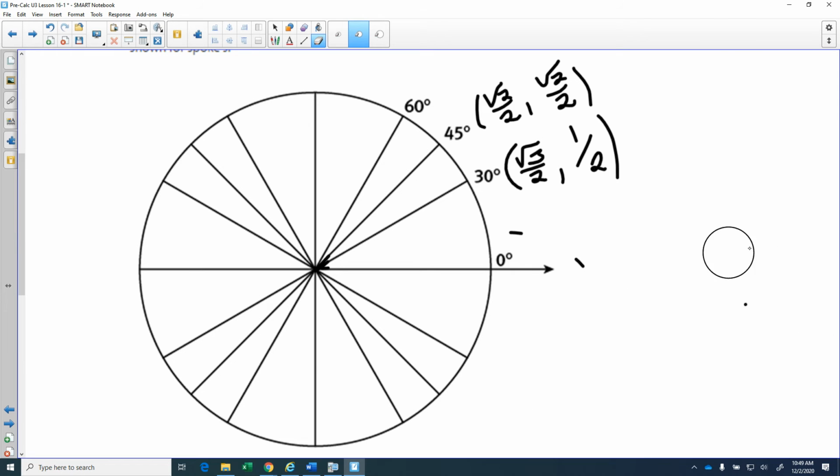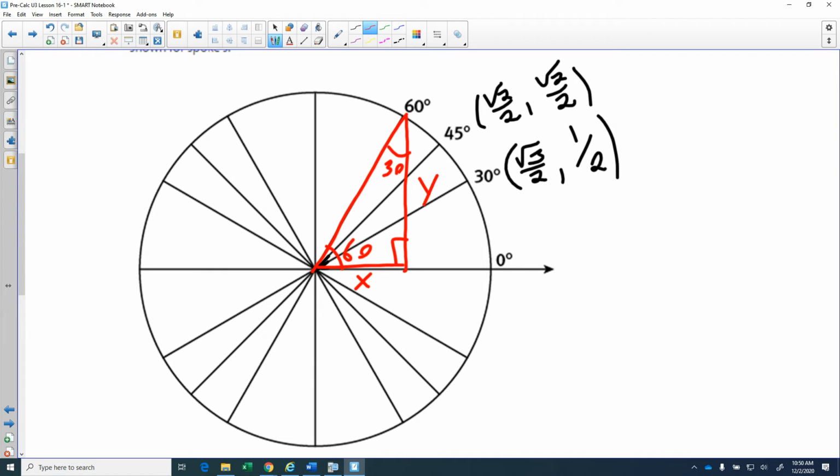If I were to draw this reference triangle into the actual circle itself, our hypotenuse, base and leg, in which we have a 60-degree angle, a right angle, and a 30-degree angle sitting right there. Well, we always talked about how the short side is going to be the lesser of the two values. Now, versus the first triangle we did, the lesser value is going to be my x, and the large value is going to be my y.